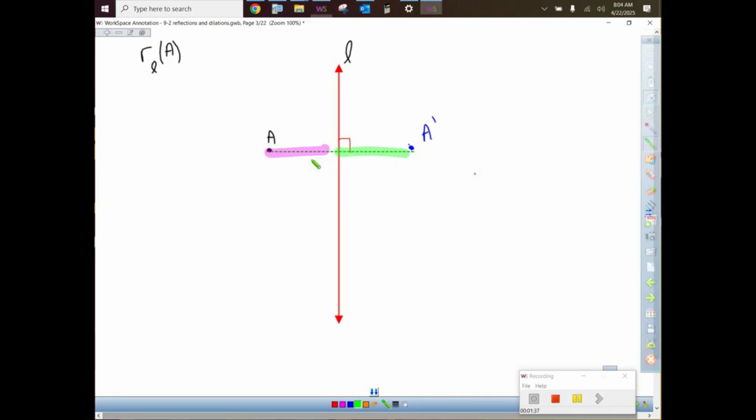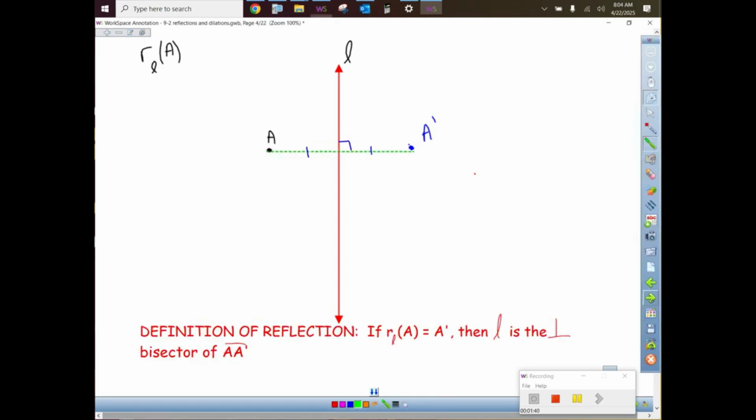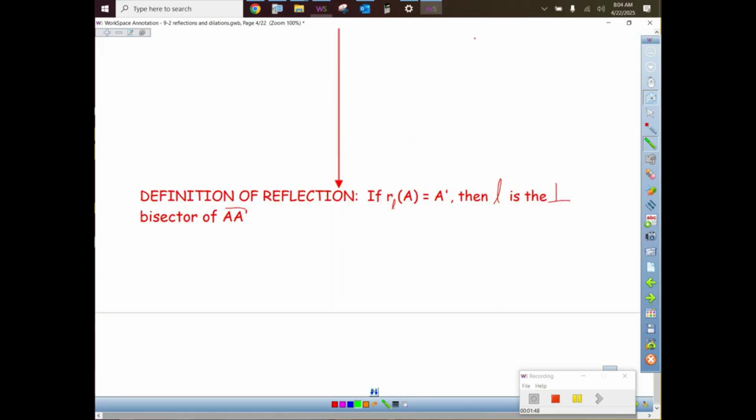So that is the definition of reflection, which is definitely on your worksheet at the top. The hard part is writing it. I'm going to say it in English, but it's written in math. I'll scoot this up so you can see it a little better. It says, if the reflection of A over line L is A prime, notice how it's written, then L is the perpendicular bisector of segment AA prime.